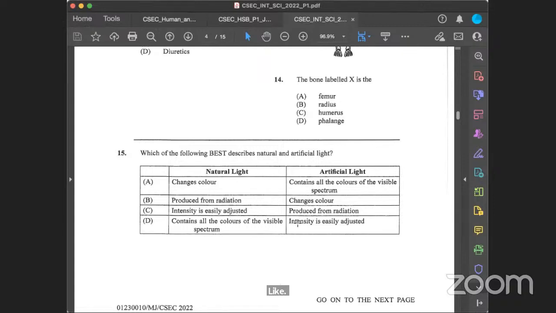What's your answer there? C. But you can adjust. Where's natural light? Which of the following best describes natural and artificial light? No, nothing, because you still don't know. Answer is D.